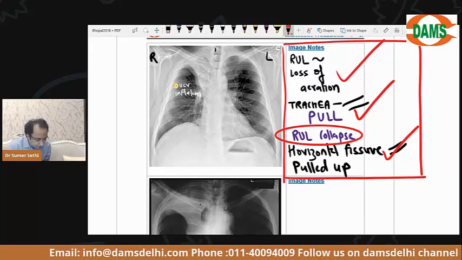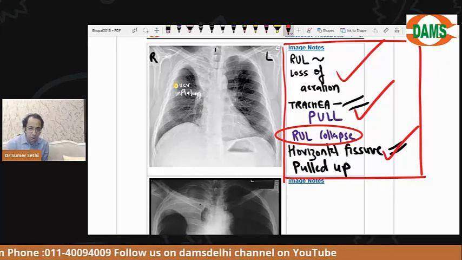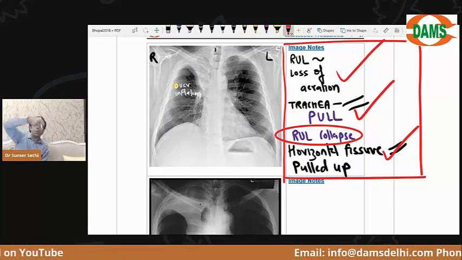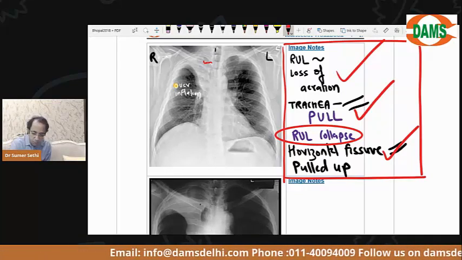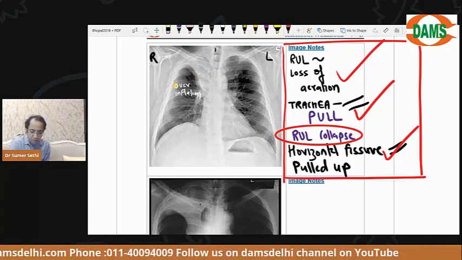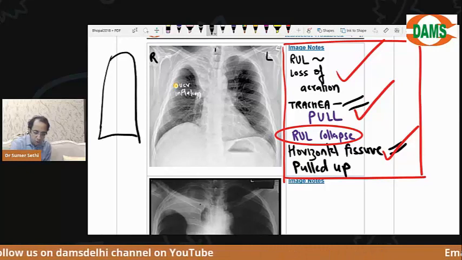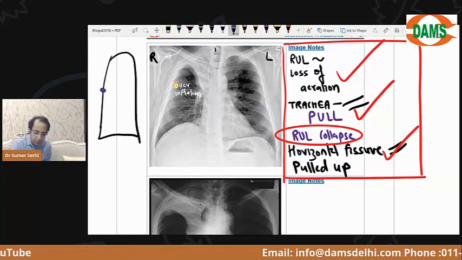So the key here is whenever you have volume loss, a lobe of the lung having reduced volume, the fissure will be pulled and the trachea will be pulled. Trachea is pulled towards the disease, fissure is pulled towards the disease. If you recall, the normal upper lobe was supposed to be shaped like this.